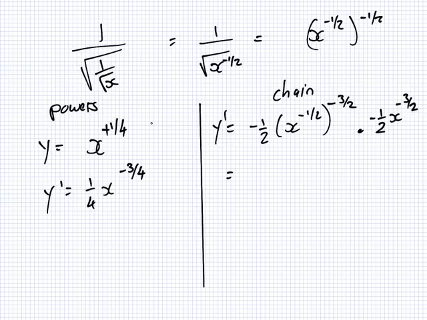Why a quarter minus 1? Because differentiate, bring the power down, take 1 from the power. So minus a half times minus a half is a quarter. This one would be x 3 over 4, and this one here is x minus 3 over 2. 3/4 minus 6/4 is minus 3/4.